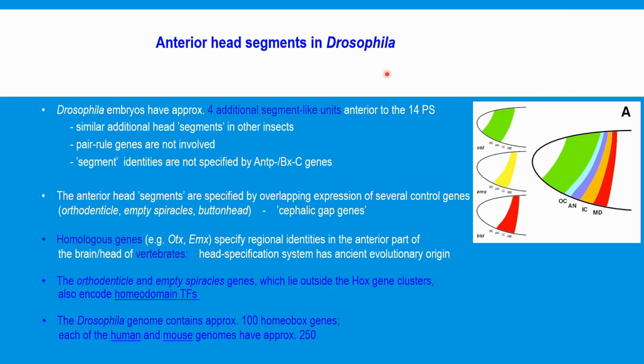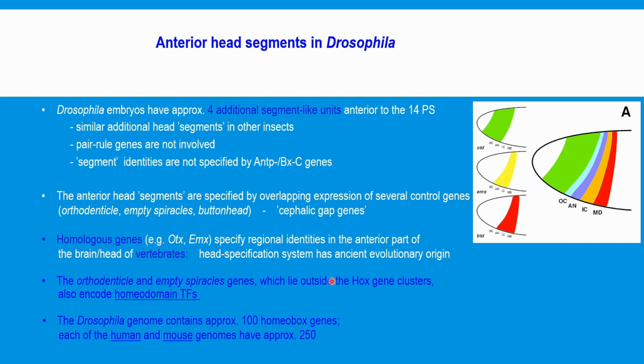And we're almost finished. I just want to mention that we've talked about this segmentation patterning in the thorax and the abdomen, but there are anterior head segments as well that are not covered by these genes. They don't have these Hox clusters, but they do have homeotic genes that are important in regulating this. Initially these are expressed in this kind of pattern here. We won't go through it much, but these are referred to as the cephalic gap genes or head gap genes, and some of these are homeodomain transcription factors.